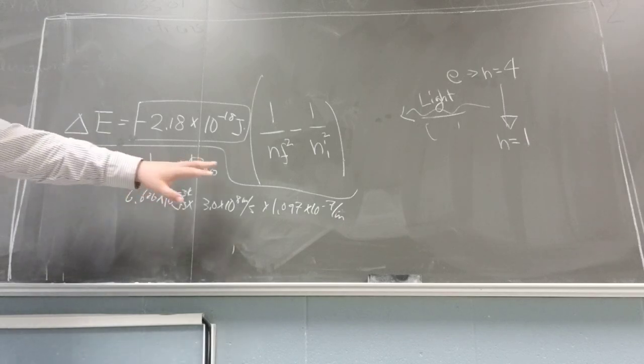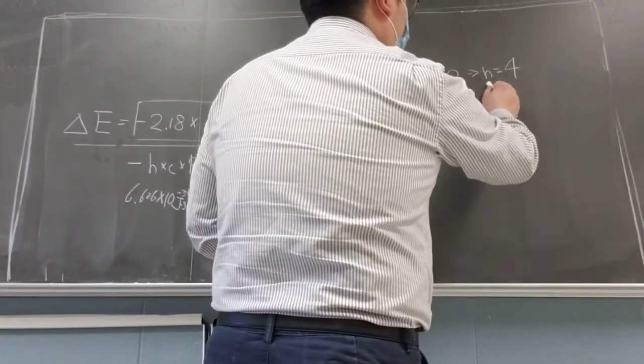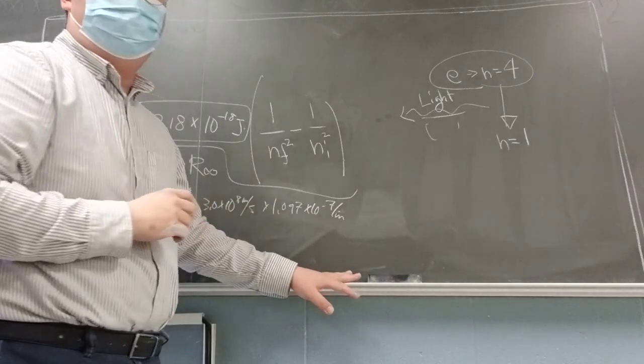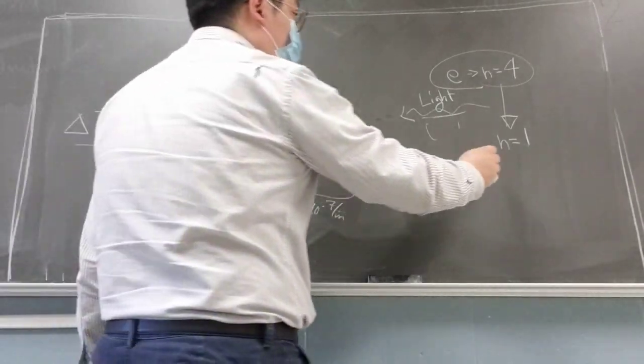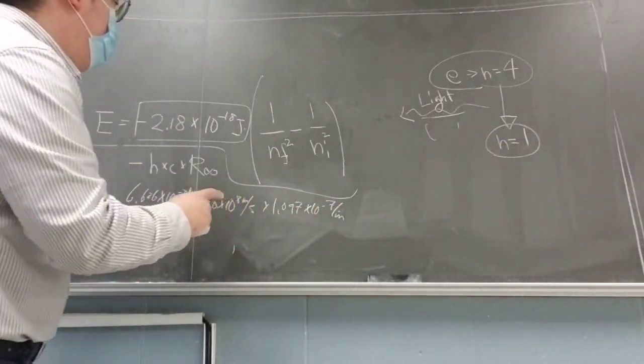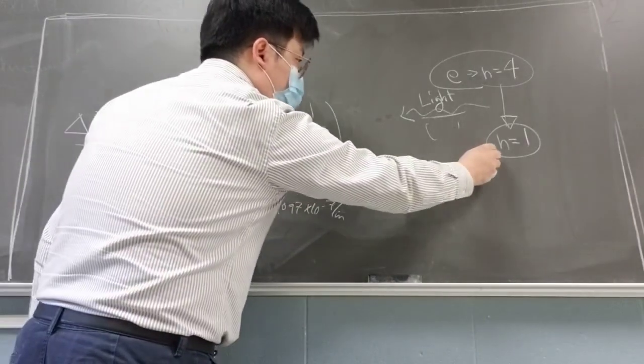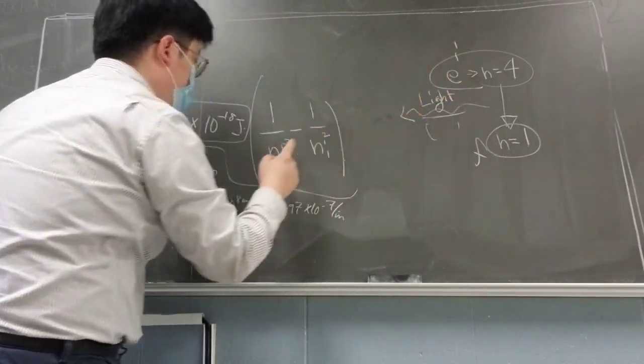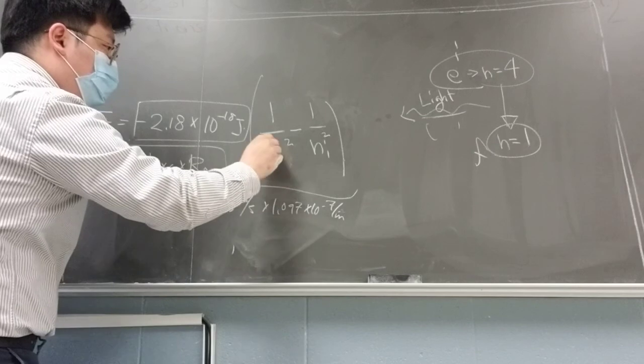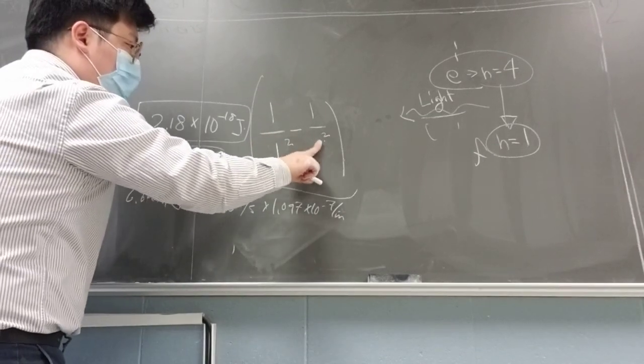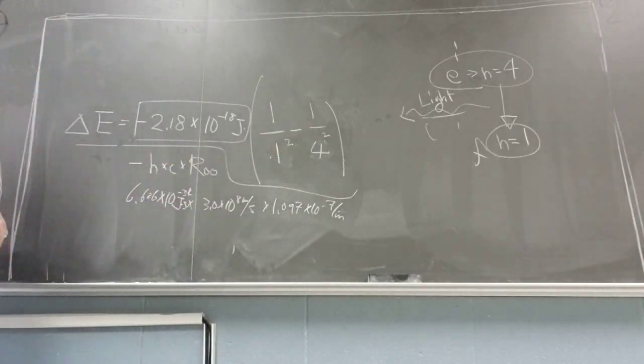The only thing you have to do is, you have one electron in energy level 4, and now it's at 1, and then you just need to get this. This is the final state, right? This is the initial. So you just need to change this one to 1, this one to 4. Okay?